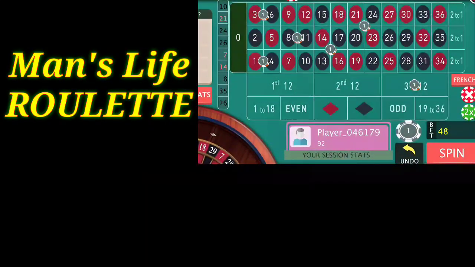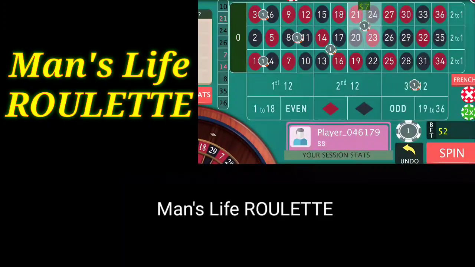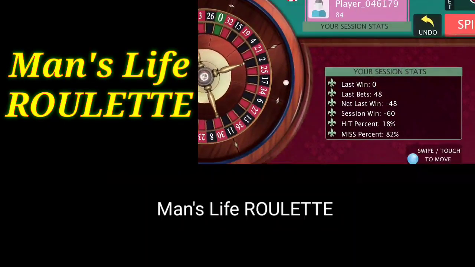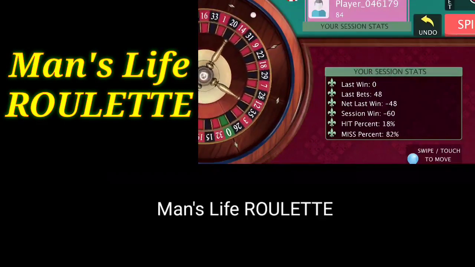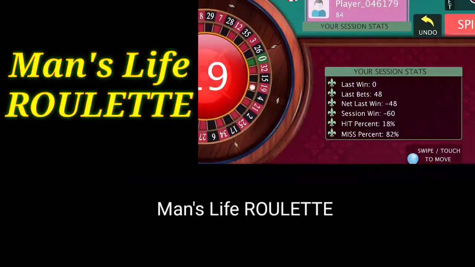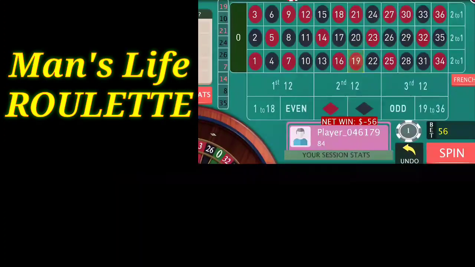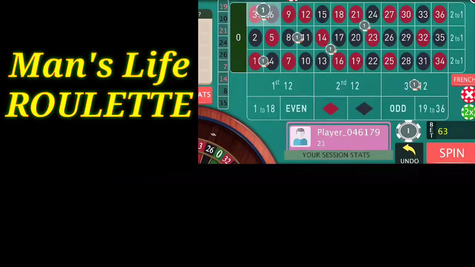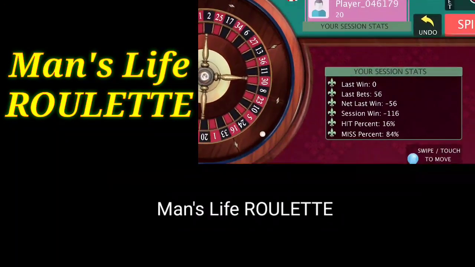So what I need to do is 1 more set of units and play. It's number 19, again a losing number. So just rebet, 1 more set of units, and play.